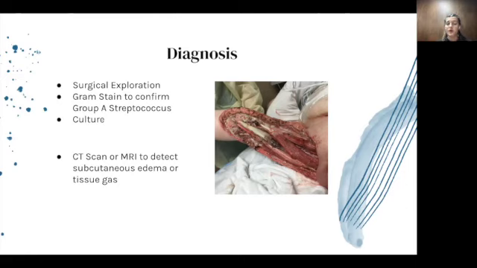They also do gram stains to confirm that the bacteria causing the necrosis is group A streptococcus, so that they can target treatments towards that. They also might do a culture. A CT scan or an MRI might also be helpful to detect subcutaneous edema or tissue gas.